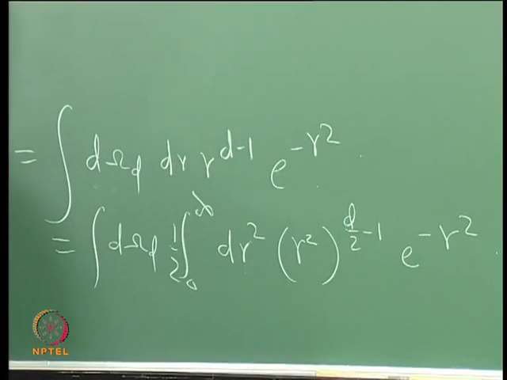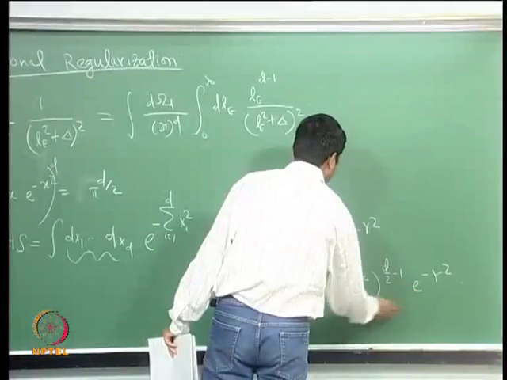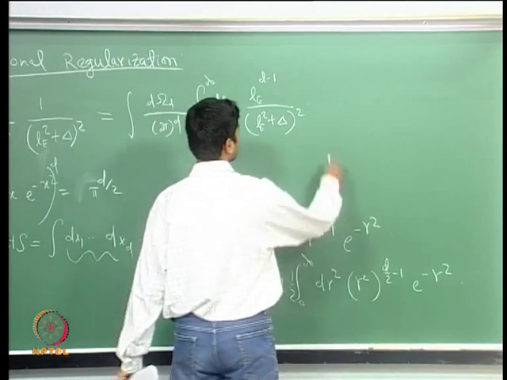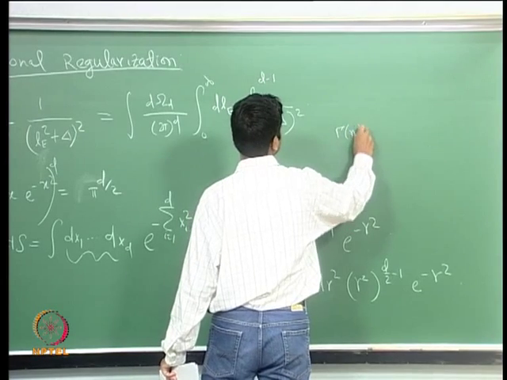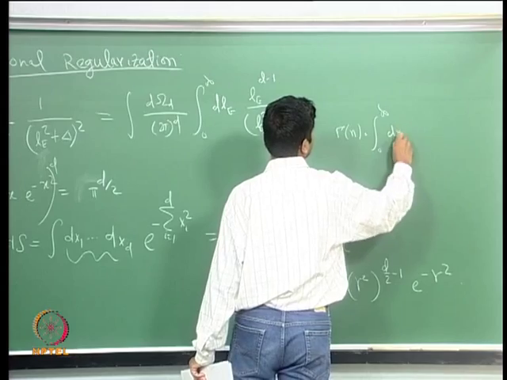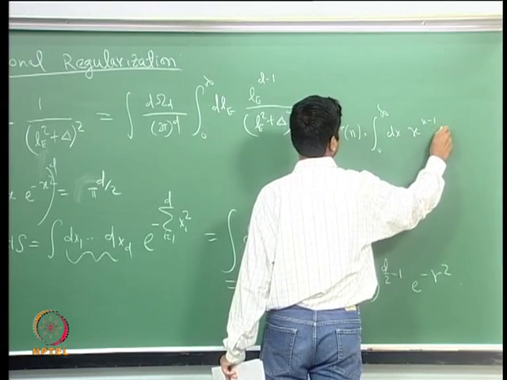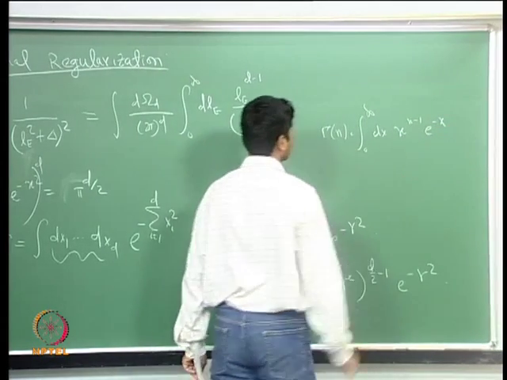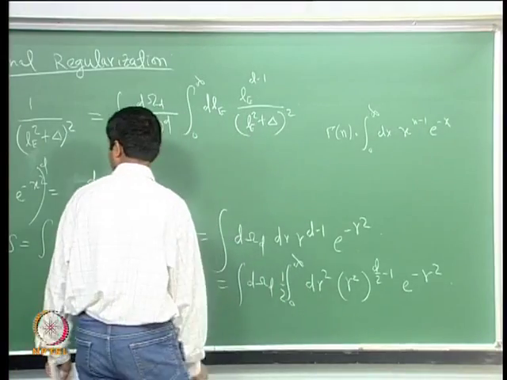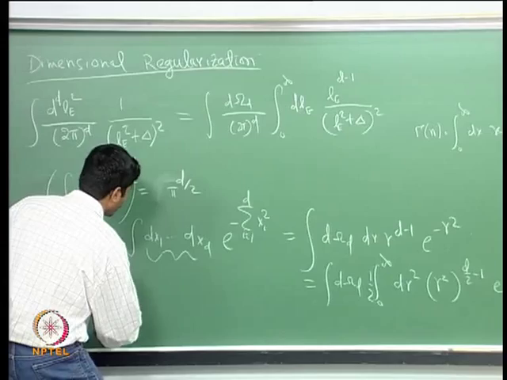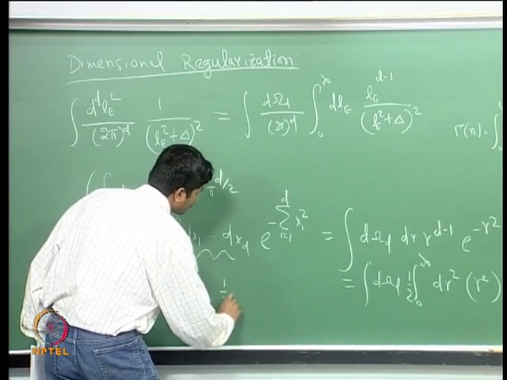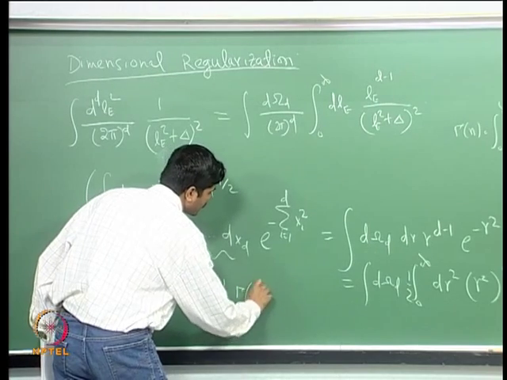All right. So, now you can see that this is nothing but gamma(d by 2), where gamma(n) is equal to integration 0 to infinity dx x to the power n minus 1 e to the power minus x. Therefore, when I evaluate this integration, what I get is integral d omega_d times half gamma(d by 2).